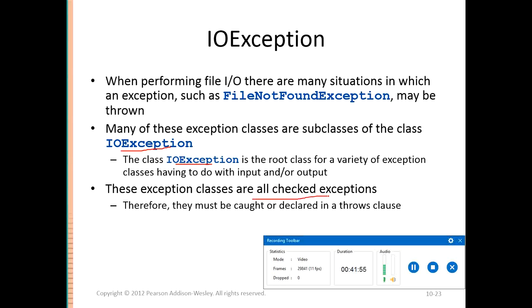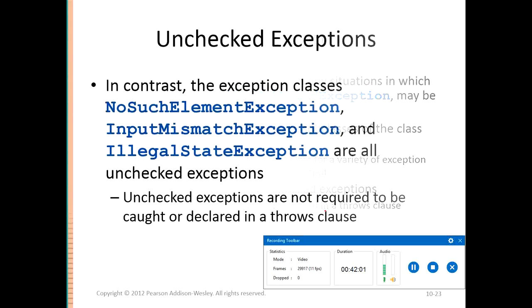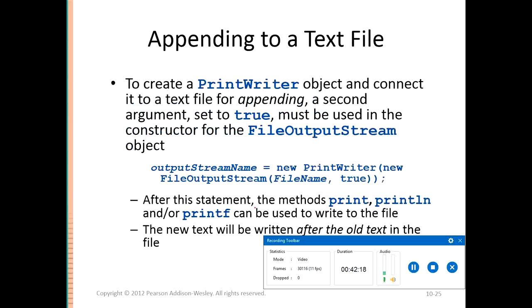These are all checked exceptions. We studied this in the previous chapter. So they must be caught or declared in the throws clause. Unchecked exceptions such as InputMismatchException, IllegalStateException, NoSuchElementException, which we discussed in the last chapter, are not required to be caught or declared in the throws clause.